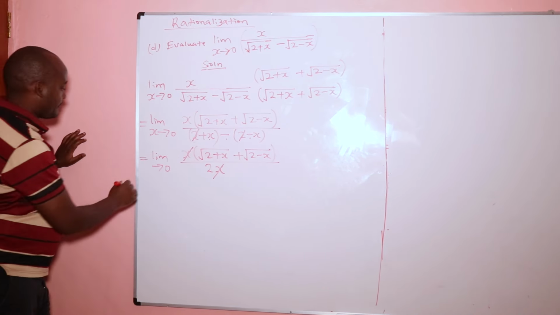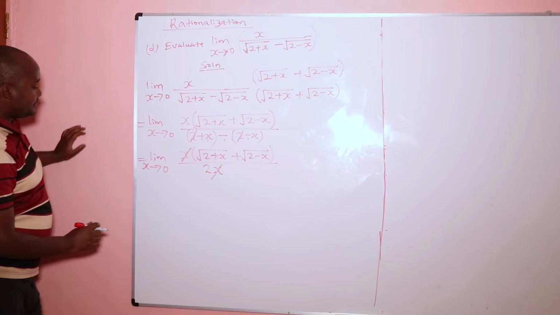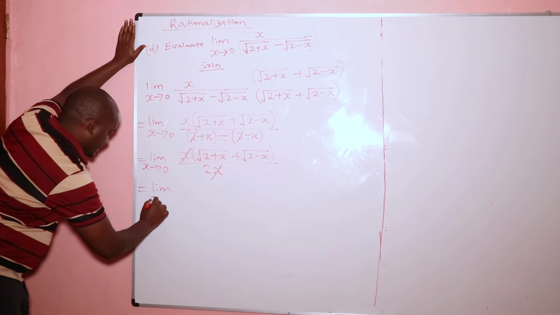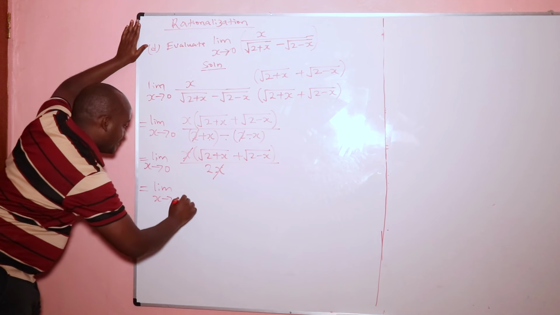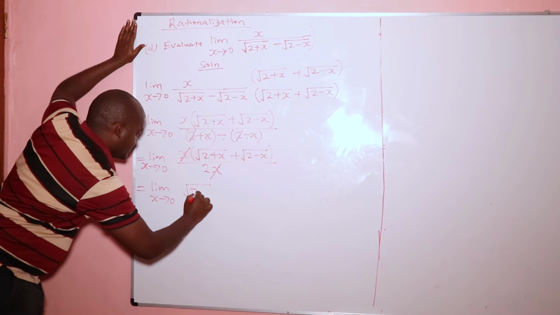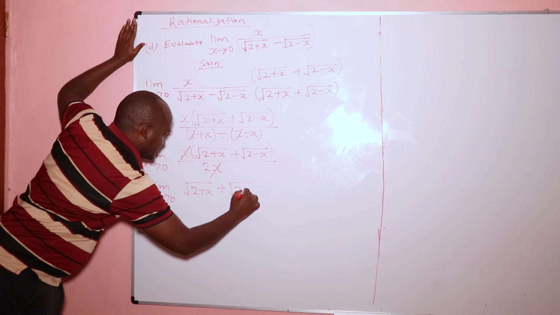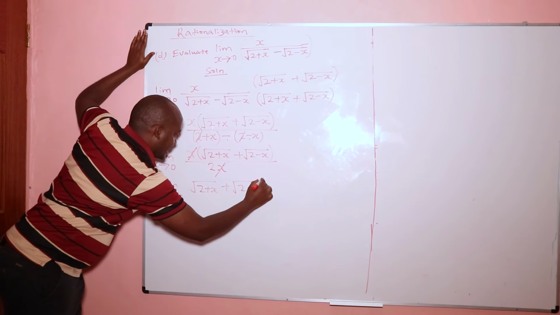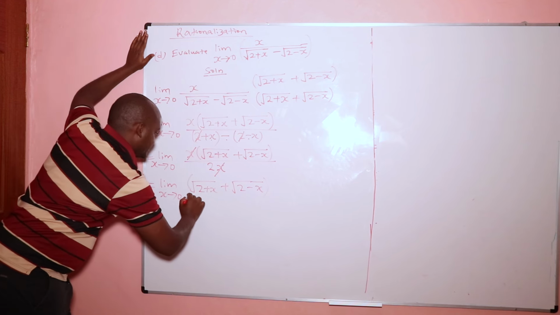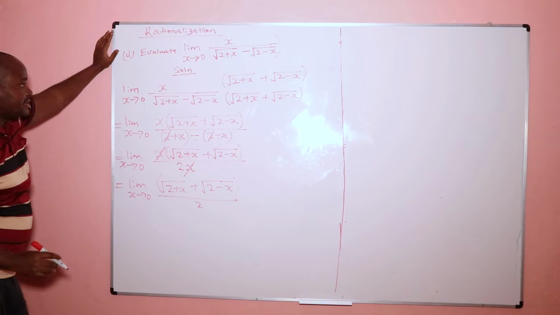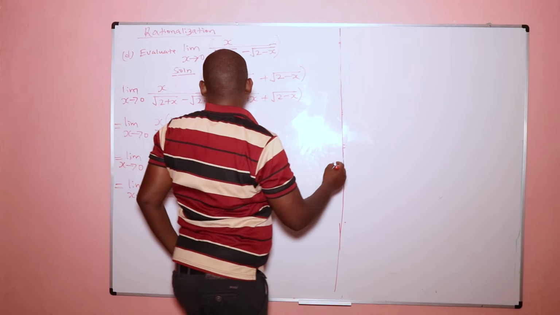So this will give us what? The limit as x approaches 0 of root 2 plus x plus root 2 minus x, which is divided by 2. This is going to give us what?